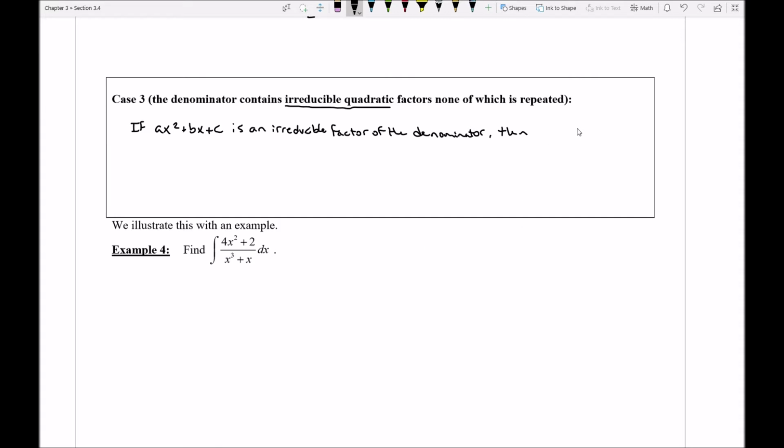Well, what we can really say is then the partial fraction corresponding to this factor is going to just be a single fraction with my denominator ax squared plus bx plus c.